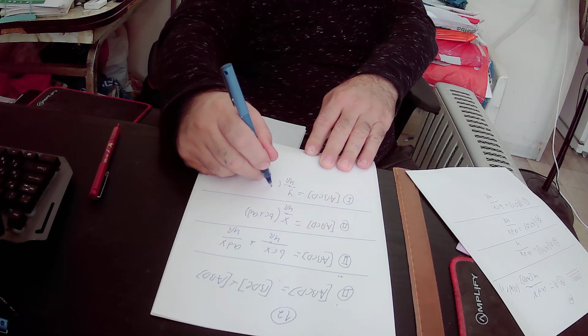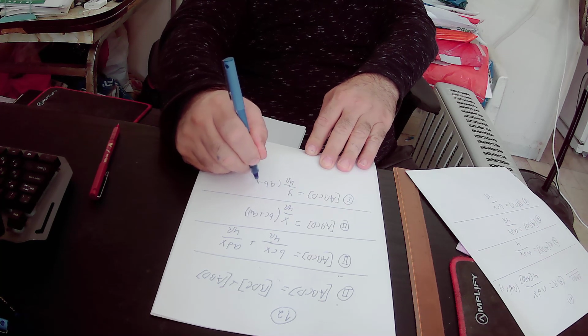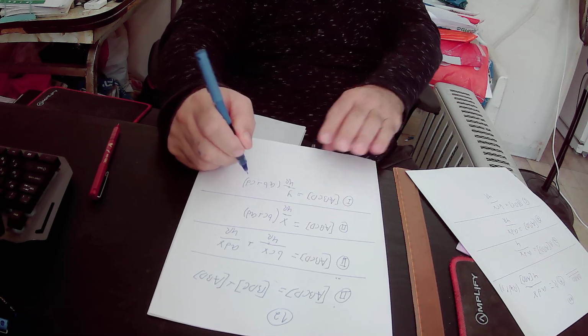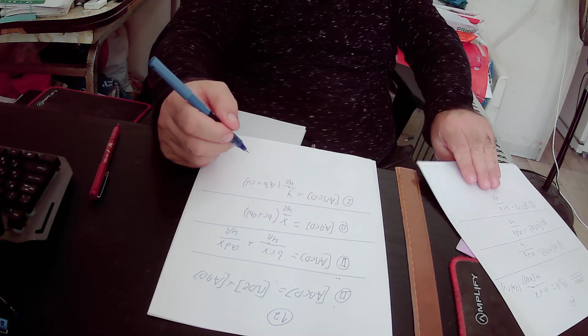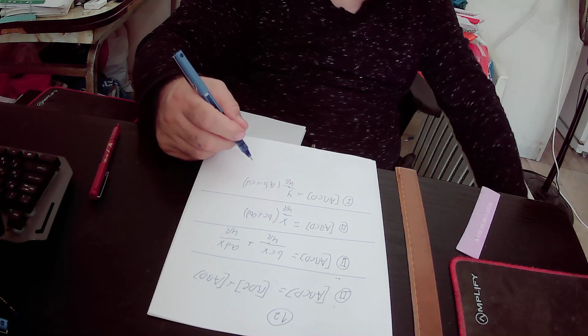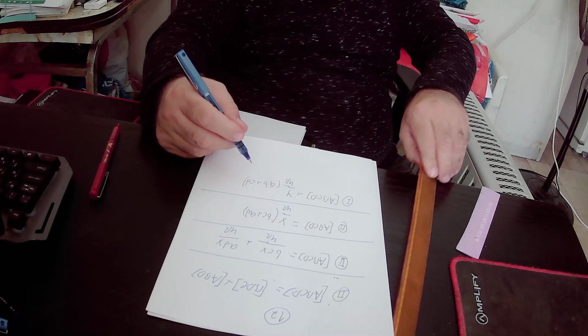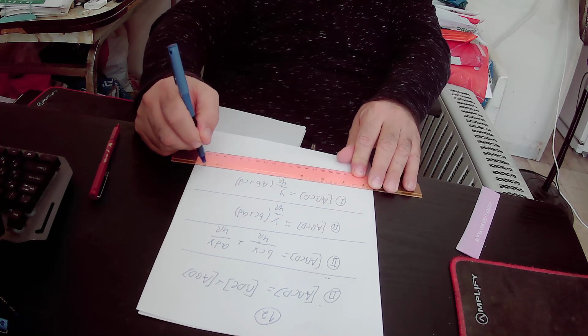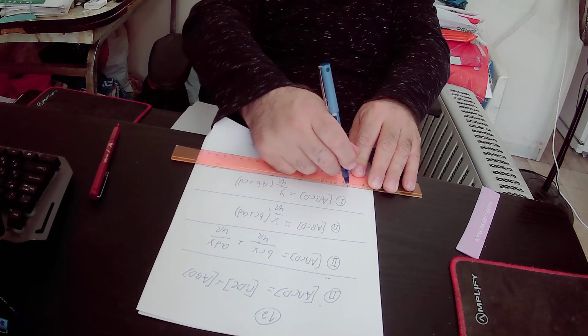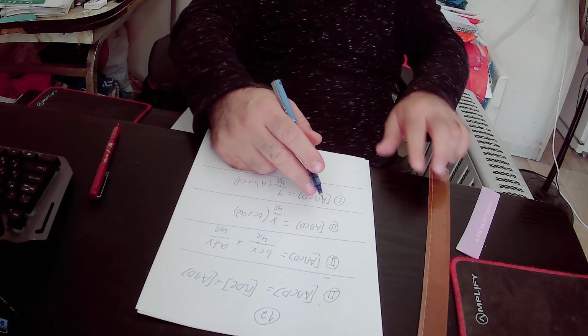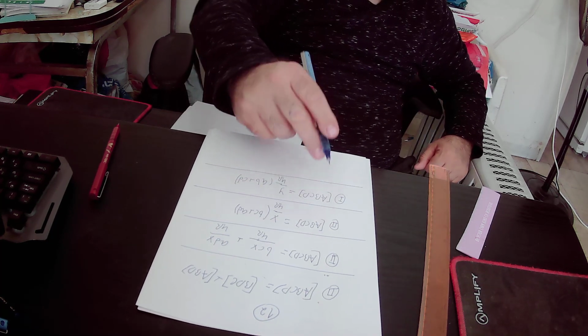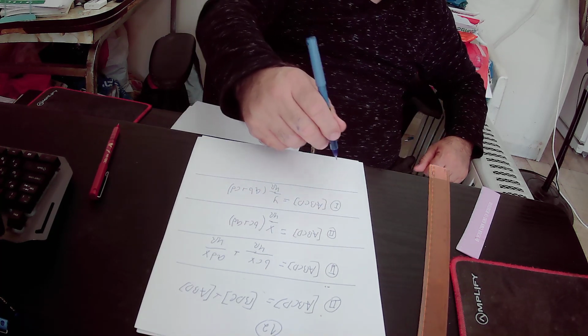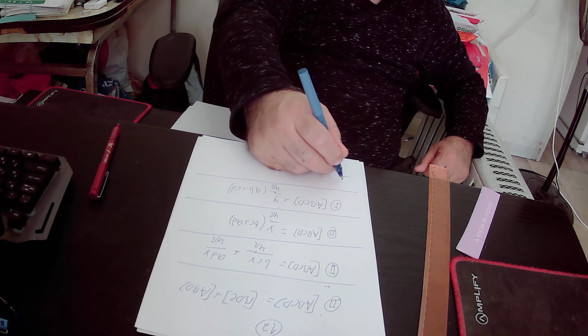In the brackets we have AB plus CD. Okay, so we have two different expressions for the area of quadrilateral ABCD. So in the next step we will multiply equation number 1 by equation number 2, and we'll get equation number 3.